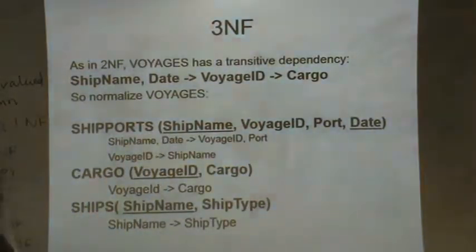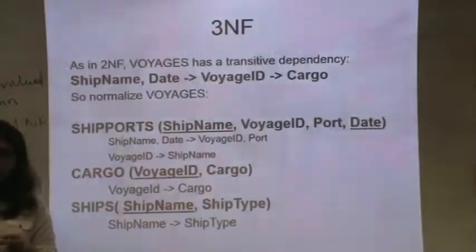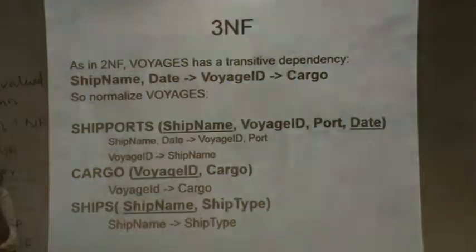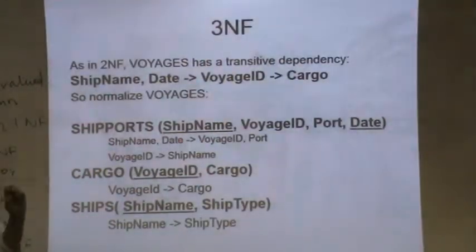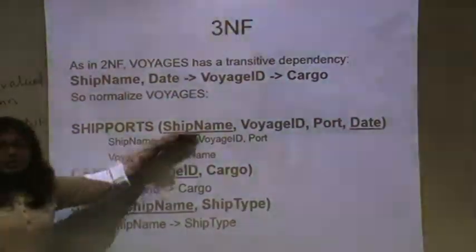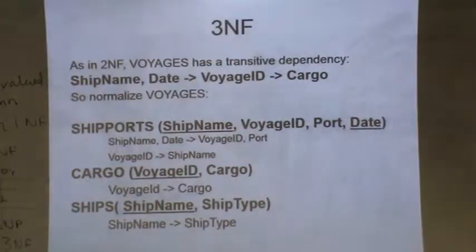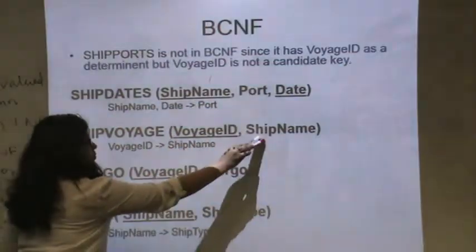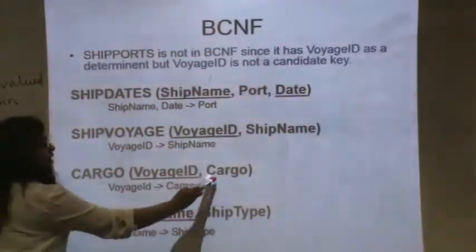So when you are at the 3NF level but you are supposed to do BCNF, that means you have to take out 1 or 2 attributes from your tables so far, based on the dependency. If you go into BCNF, you will see that now I'm having wedge ID and ship names, and also wedge ID and cargo.